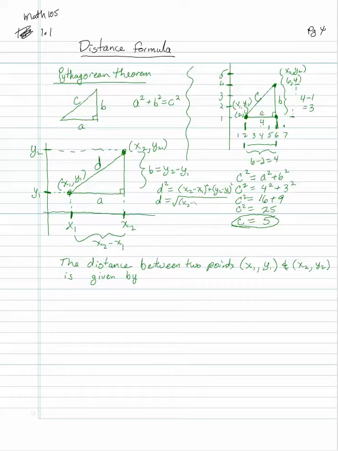X sub 2 minus x sub 1, squared, plus y sub 2 minus y sub 1, squared. Okay, so it's given by the formula, and that's our distance formula, which again is just the Pythagorean theorem. Maybe you haven't thought of it that way before. So it's a squared plus b squared equals c squared, and then we square root both sides. So that's where the square root comes from.